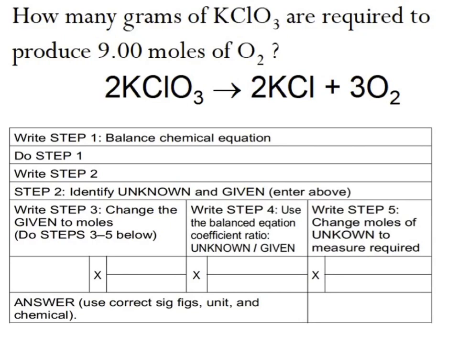So I start with what I know and what I don't know. So I am going to grams of KClO3, and we have 9 moles of O2. To produce 9 moles of O2.